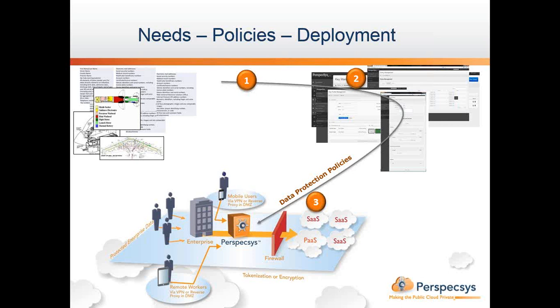Then in step three, the gateway is deployed in a production environment, so all access, both up to the cloud and back from the cloud in terms of a read operation, occurs through the gateway. And only specific identified authorized users are able to access the gateway to get to the cloud information. So clearly there are a lot more detailed steps beyond that, but at a high level, think about those three steps in the operations model.